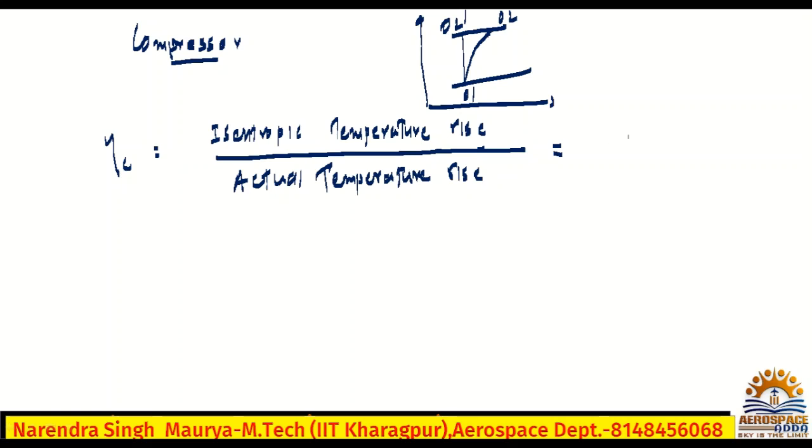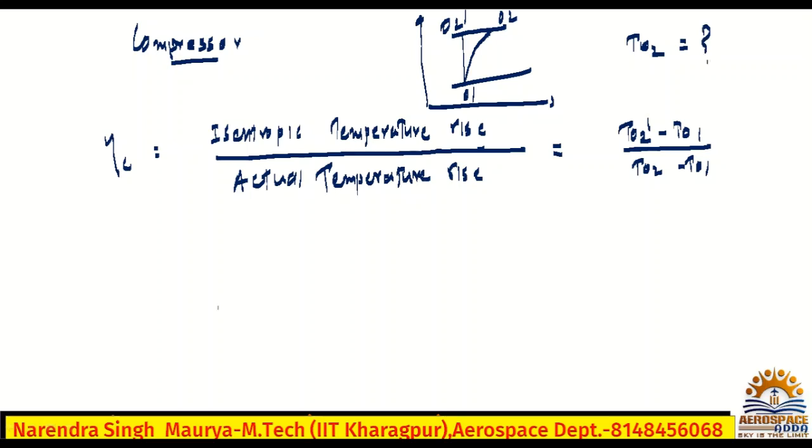The isentropic temperature rise is T02 dash minus T01, divided by the actual temperature rise, T02 minus T01. So what we need to calculate at the exit of the compressor is T02. We need to calculate T02 dash.